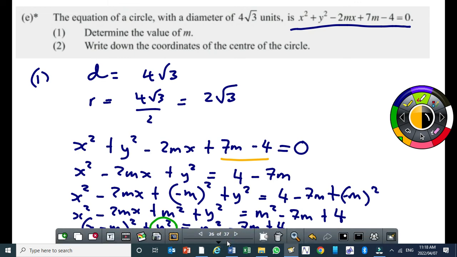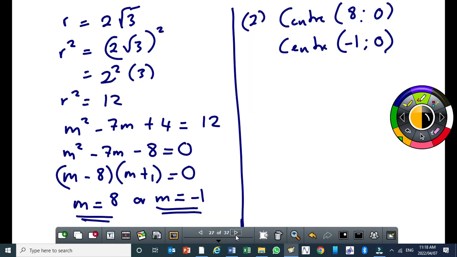Therefore, the circle might have two centers. This one will be on the x-axis. That will also be on the x-axis, but this one will be on the right-hand side of the y-axis. This one will be on the left-hand side of the y-axis. Are you following that? Which means our center is along the x-axis.